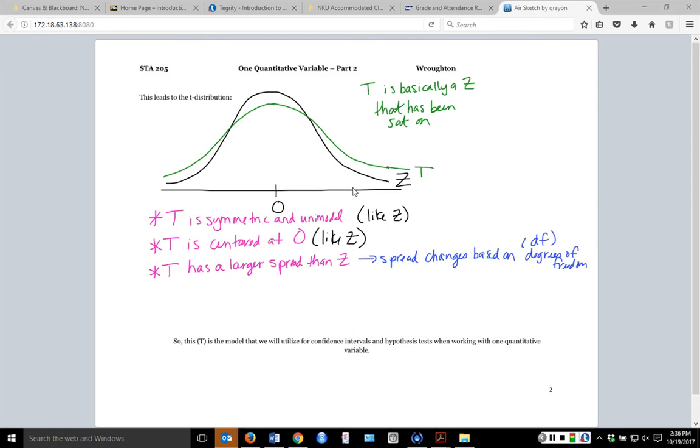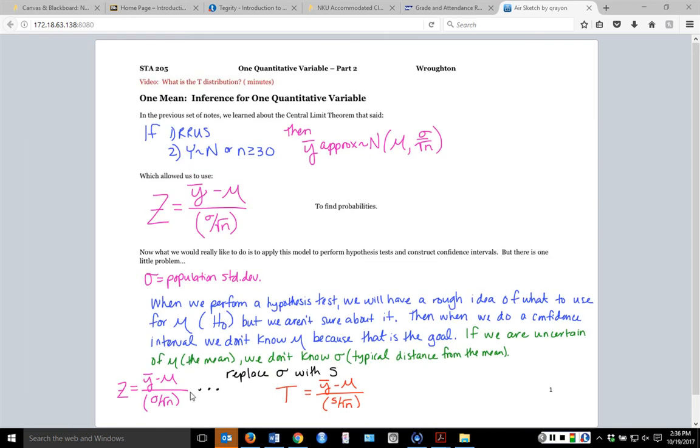Now, first to try to understand why my spread is larger, and then also why my spread changes. Well, the spread is larger in a sense because we had to estimate this population standard deviation. I'm taking this sigma, which is a population value, and I'm replacing it with a sample value. So just due to my uncertainty of replacing a population value with a sample value, it makes me have a larger spread, or in a sense be a little bit more unsure of my answer.